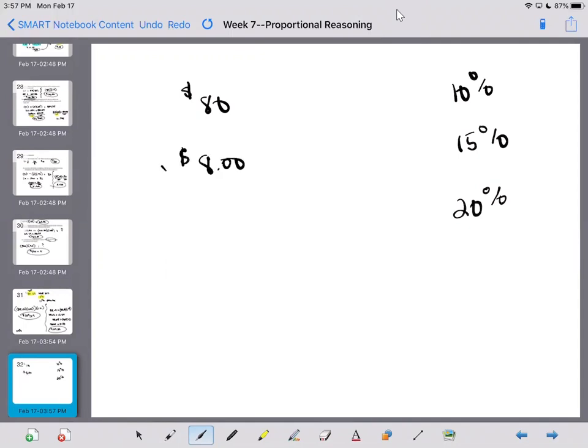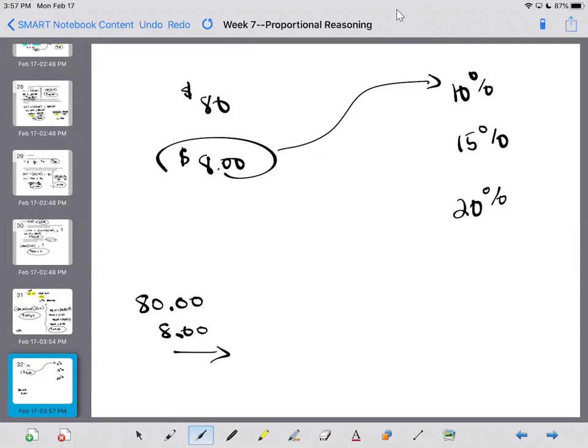And so if you were $80 bill, work with an even number in your head, 10% of that would be $8. You can also think of it like this. Well, if it's $80 and I make it 10 times smaller, then that means that the number has to move to the right on the place value chart. So that would be 8.